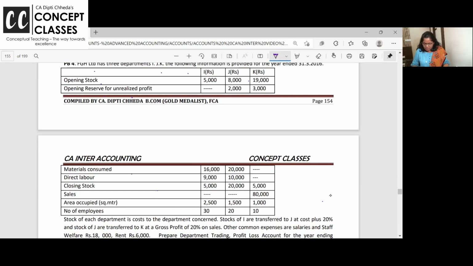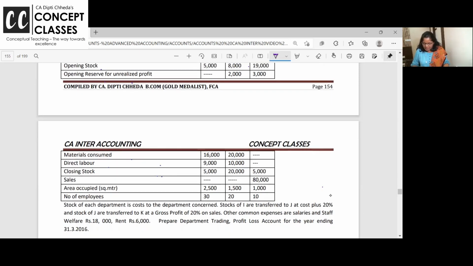Material consumed, labor, closing stock, sales, area occupied. There are some common expenses. We pay the rent for the company. So can we distribute the rent on the area? Yes. We pay the electricity bill for the company. Can we divide according to number of points? We pay salary to the workers.